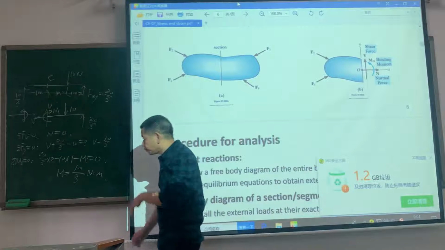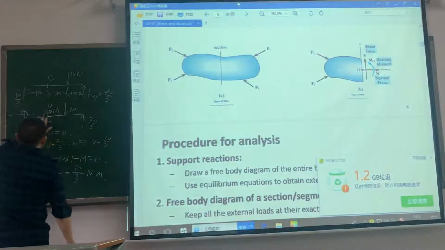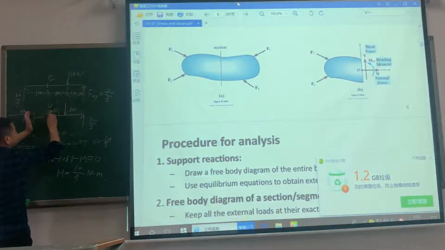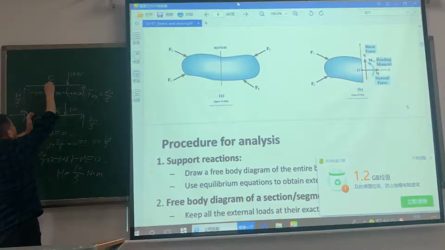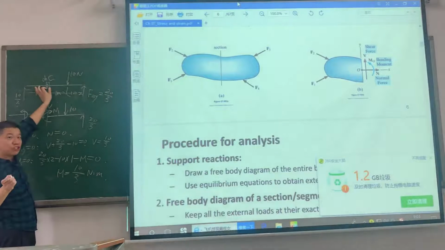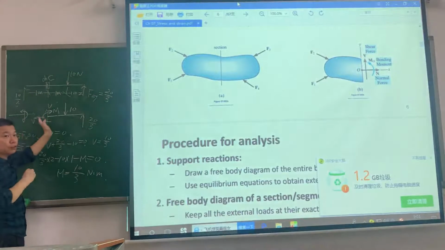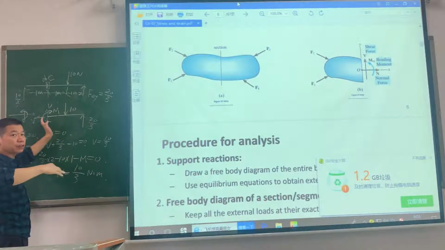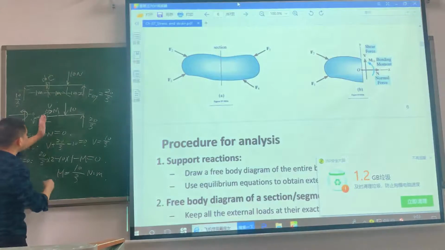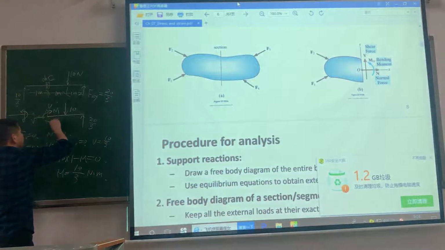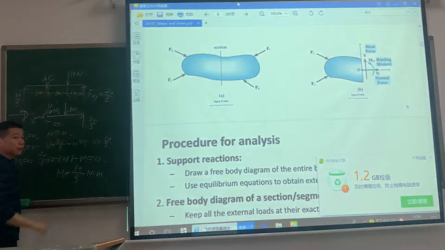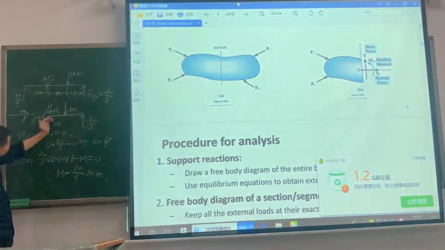It means in this case, suppose a small section dx, we take a small section at point C. From the right part, we know the deformation must be like this, because the bend is this one.